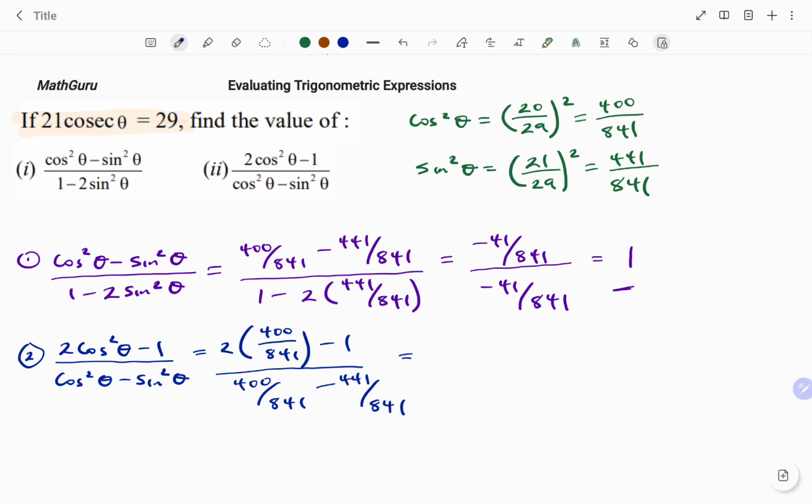If I simplify further, at the top I'm going to have minus 41 divided by 841, divided by, if I simplify my denominator, minus 41 divided by 841. I have the same value as in the first example, and that would be equal to 1.